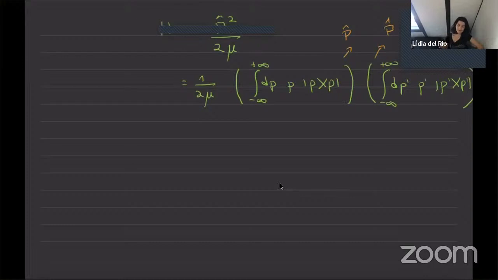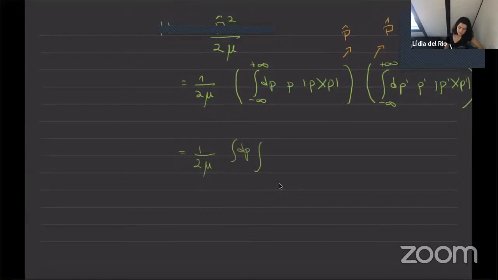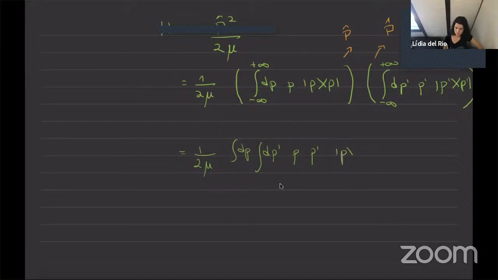So what happens now? When we multiply them, we get 1 over 2 mu. And then we get these integrals, one integral in dp and one integral in dp prime. These are just real numbers. And then we have p prime, p prime.